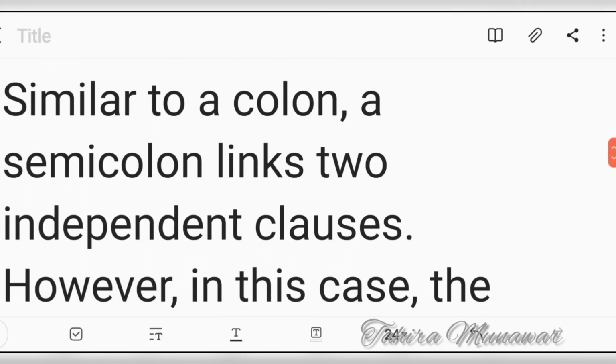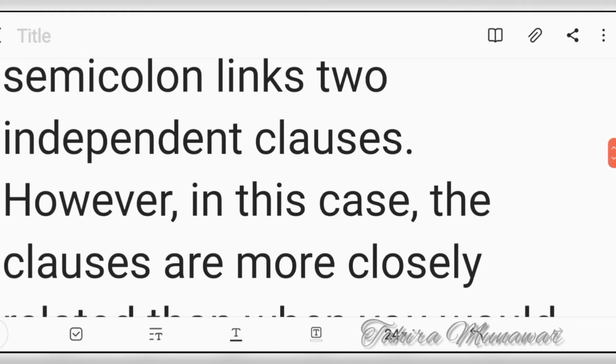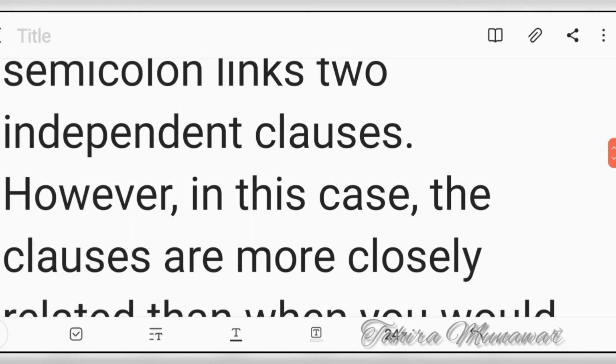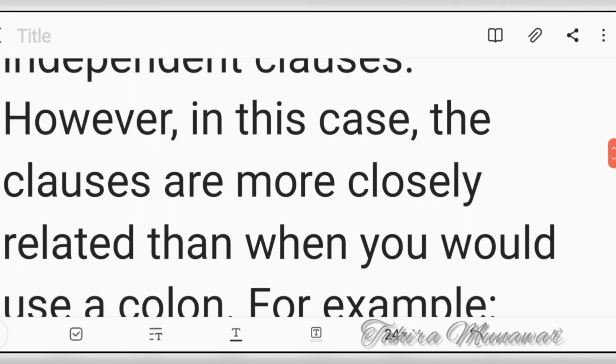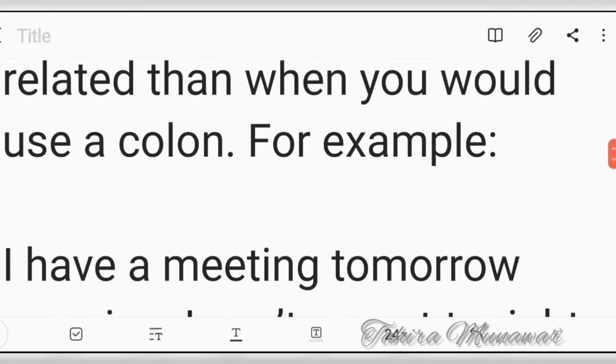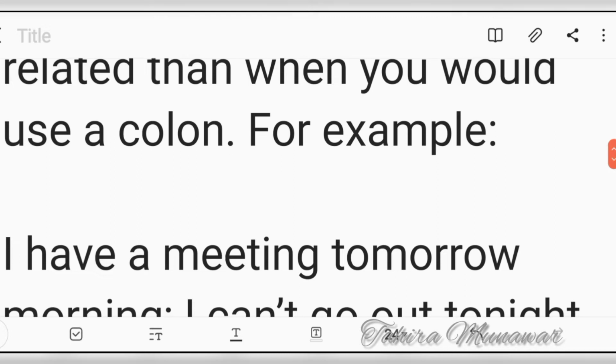Semicolon. This is similar to a colon, in that a semicolon links two independent clauses. However, in this case, the clauses are more closely related than when you would use a colon. When you use a colon, it is very much definite that these are two separate sentences.